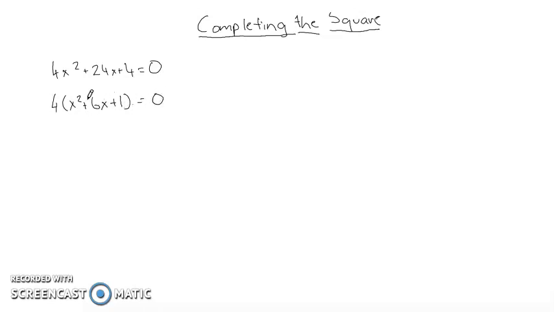So now, if we need to make it a perfect square, we notice that we need to get x squared plus 6x plus 9. So the general thing is, once you have a coefficient of 1, just divide the coefficient of x by 2 and then square it.